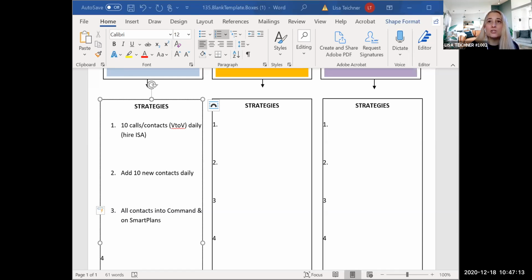Now, ISAs can do that to an extent, they're going to add information in your contacts because they're calling people, but typically your VA is the one that's really going to be doing the admin work, and they're going to get paid an hourly rate or some kind of a fee that they charge monthly, depending on how many hours they're putting in. But an hourly rate, I mean, you can hire a VA right now.